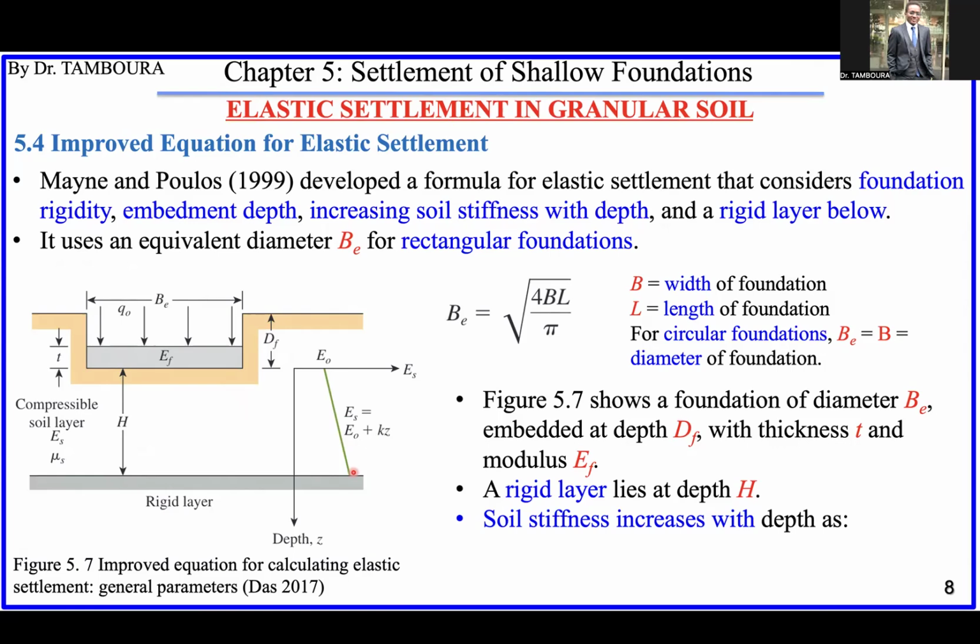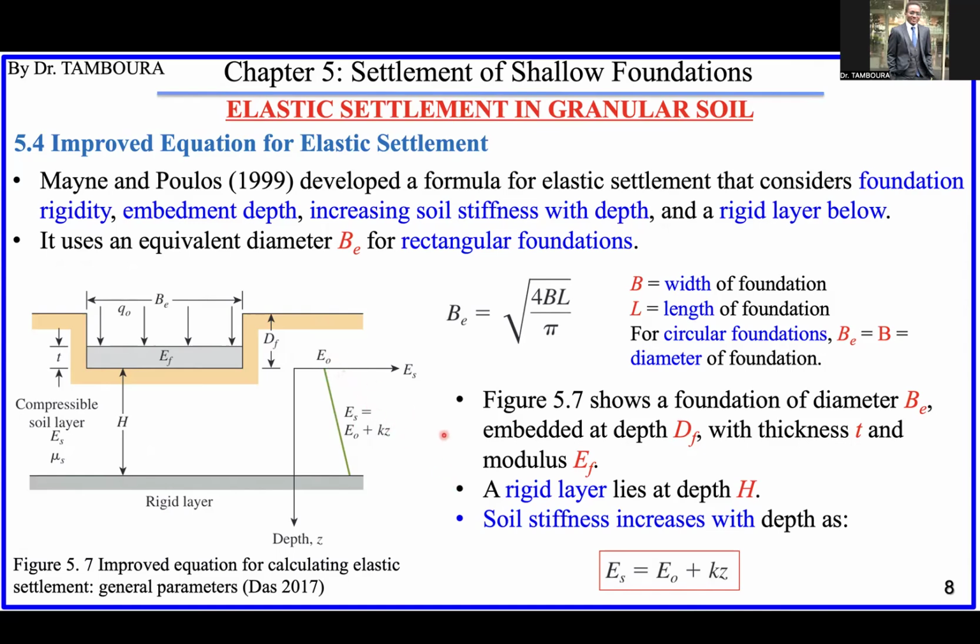It means the stiffness of the soil, which is increasing. Okay, so that can be given by this equation, the ES, the modulus of elasticity of the soil. The E0 means the modulus at the base, at this level. Then after that it increases following this line. So depending on K, depending on the type of soil, the slope of this line can change. It can be this way or this.